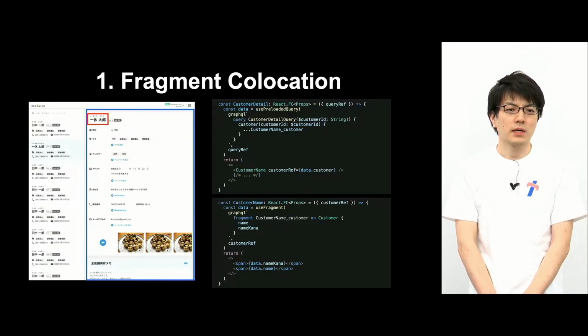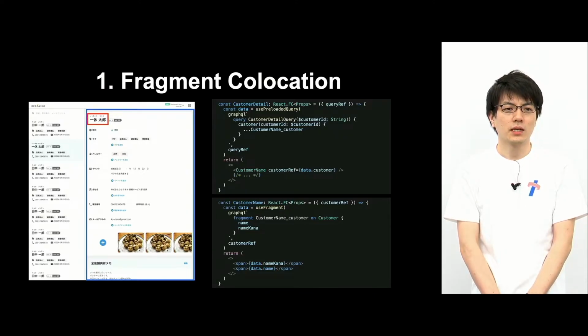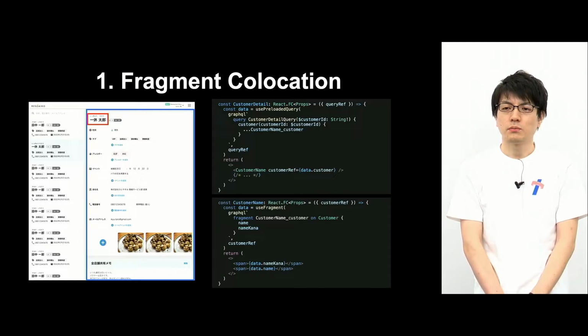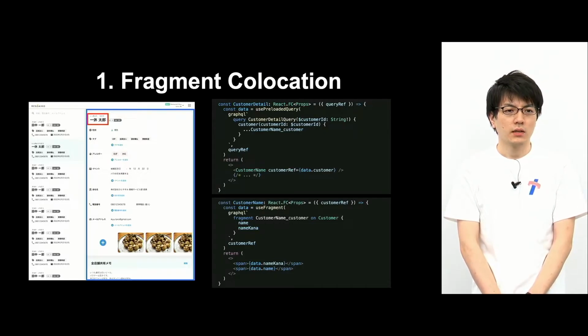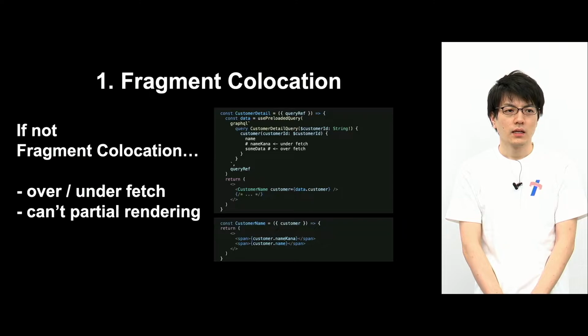The customer name, which is interested in this information, the customer's name and how to read, all this customer related name information is in this component. With this information, each component can directly deal with the items directly related to that subject component.